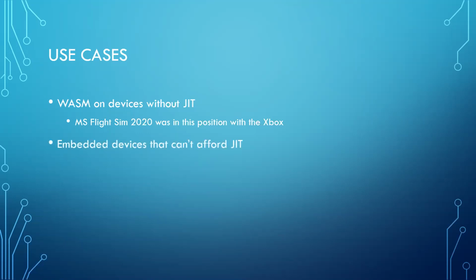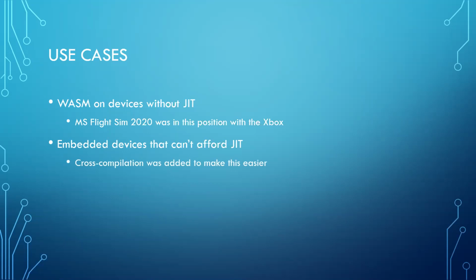And in addition to this, we're also looking at embedded devices that can't really afford to JIT WebAssembly right on top of the device, like a Raspberry Pi or IoT devices. And we've recently added cross-compilation to the unstable branch.